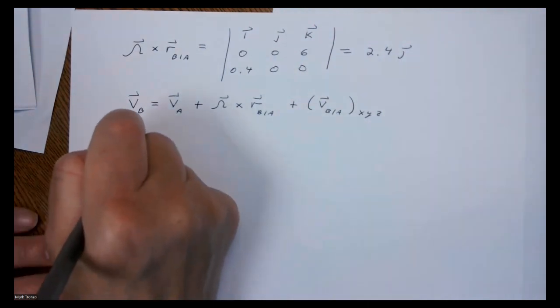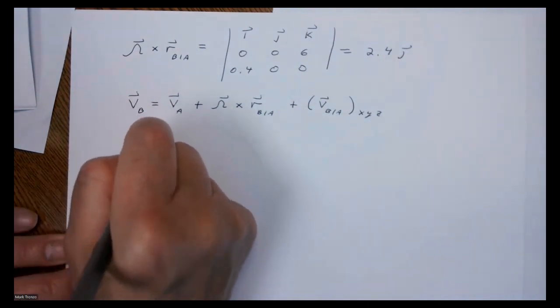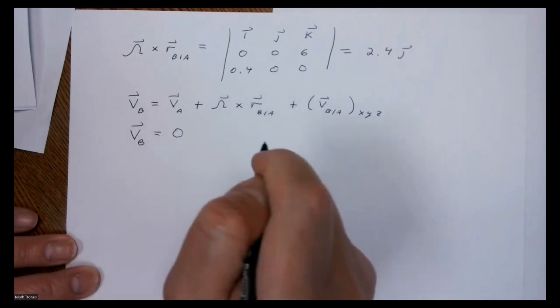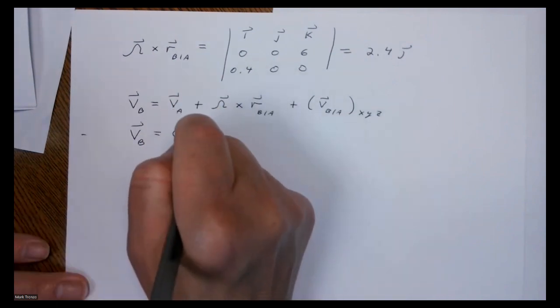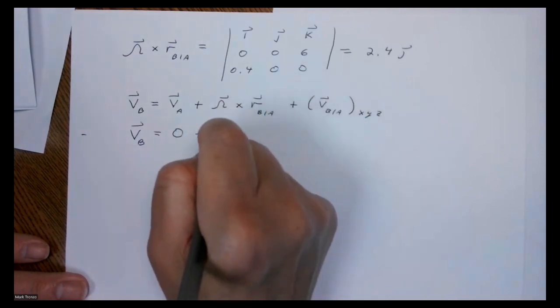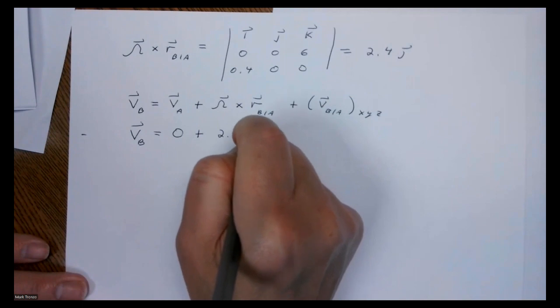And now just plug everything in. We said that VA was 0, and we just calculated this 2.4J.